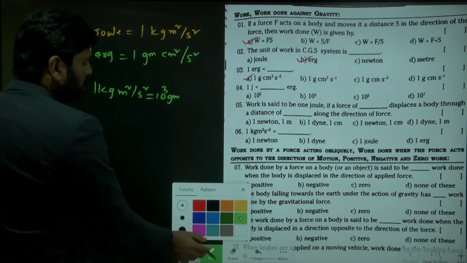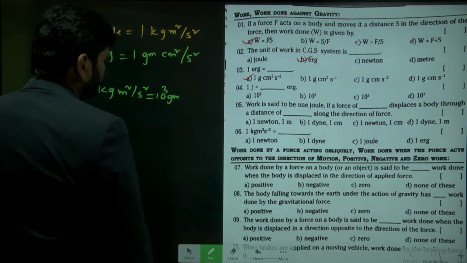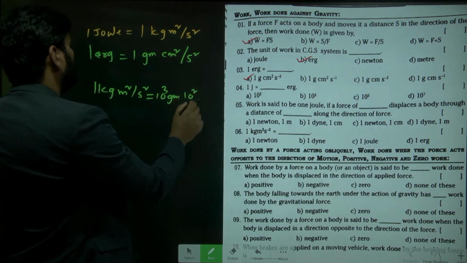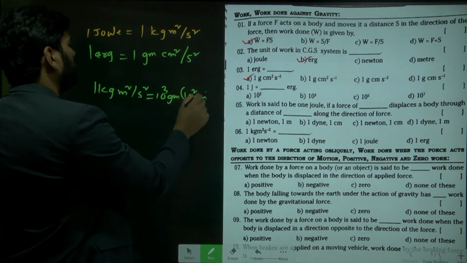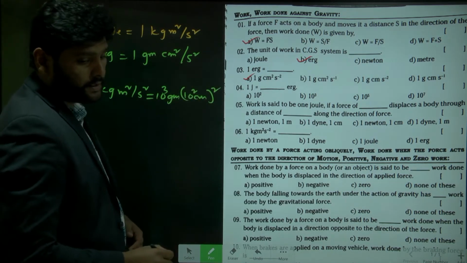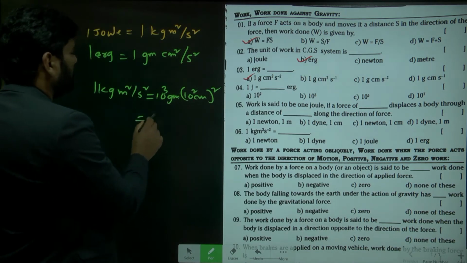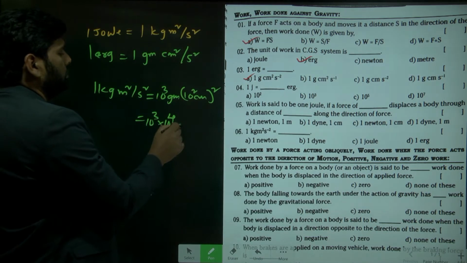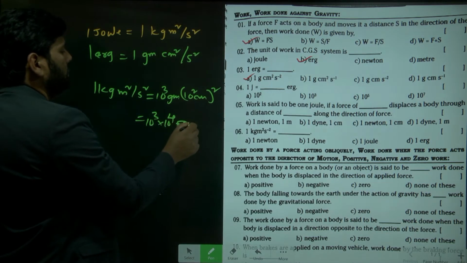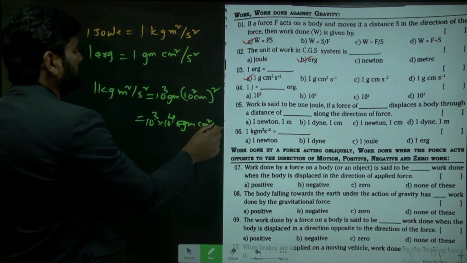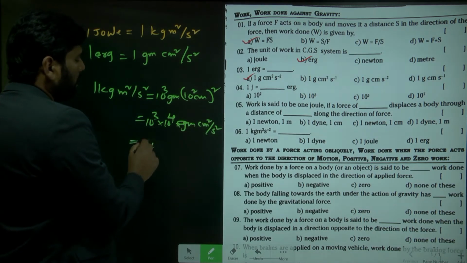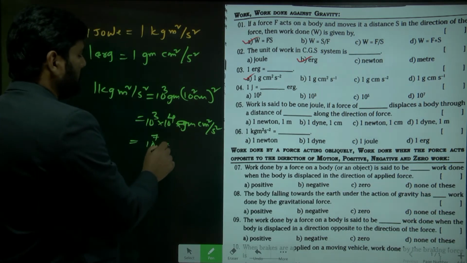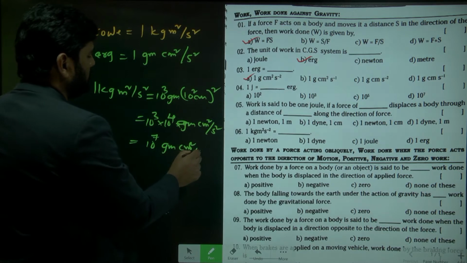1 meter is equal to how many centimeters? 10 power 2 centimeter, whole square. So finally 10 power 3 into 10 power 4 gram centimeter square per second square, which is equal to 10 power 7 gram centimeter square per second square.